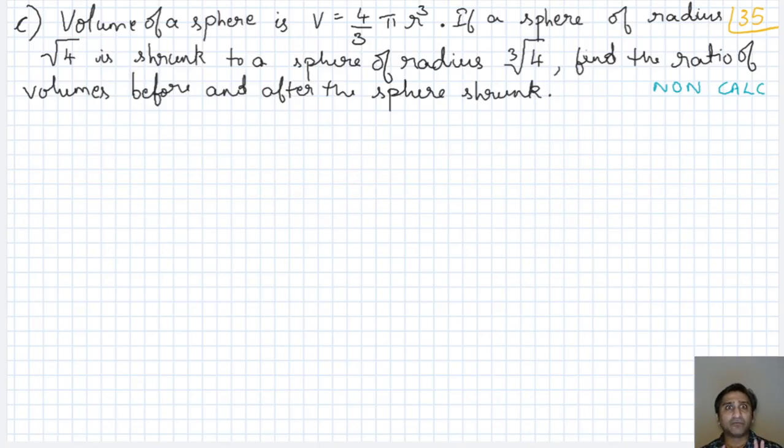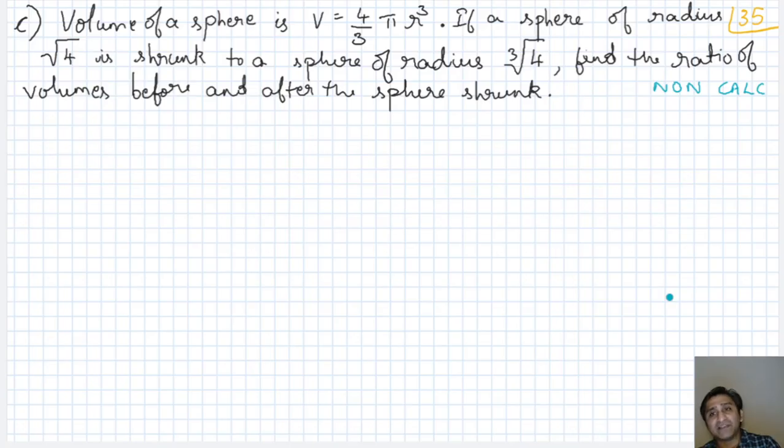If a sphere of radius square root of 4 is shrunk, that means it shrinks for some reason. You could think of a sphere made of thermocol taken to the bottom of the ocean, and it shrinks upon pressure. Let's say that it shrunk from a radius of 2, which is square root of 4, into a radius of cube root of 4, which is much less than 2, right?